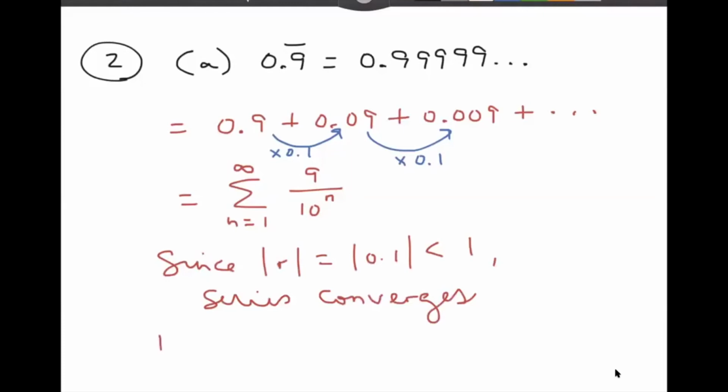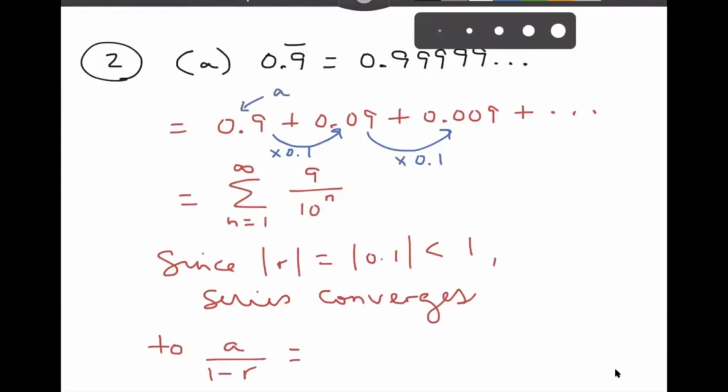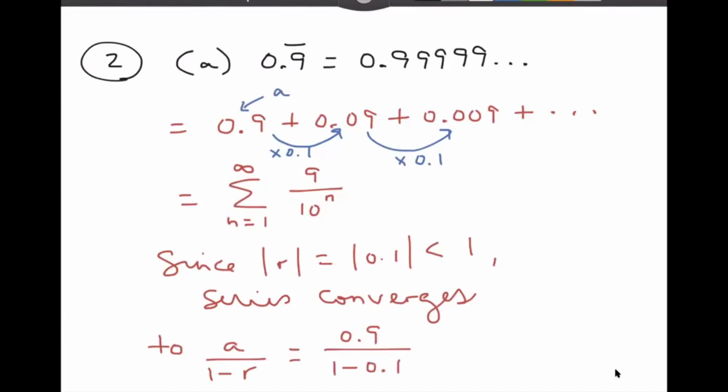And it converges to the number a over 1 minus r. Remember, a is the first term, so in this case, it's 0.9. So 0.9 over 1 minus 0.1.